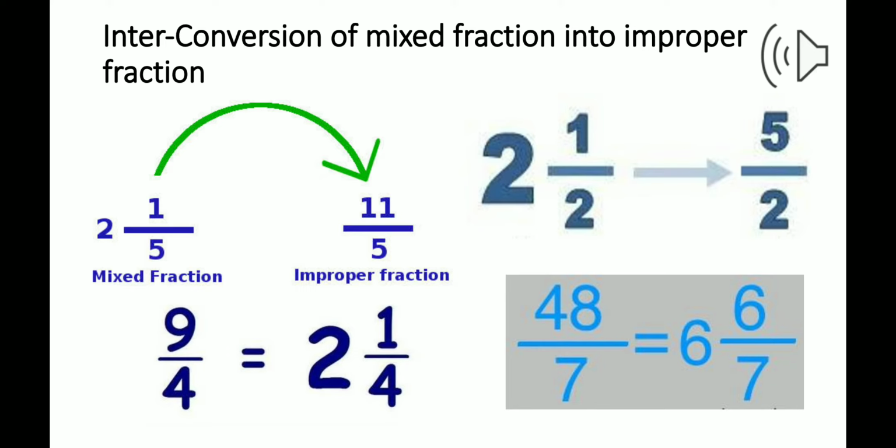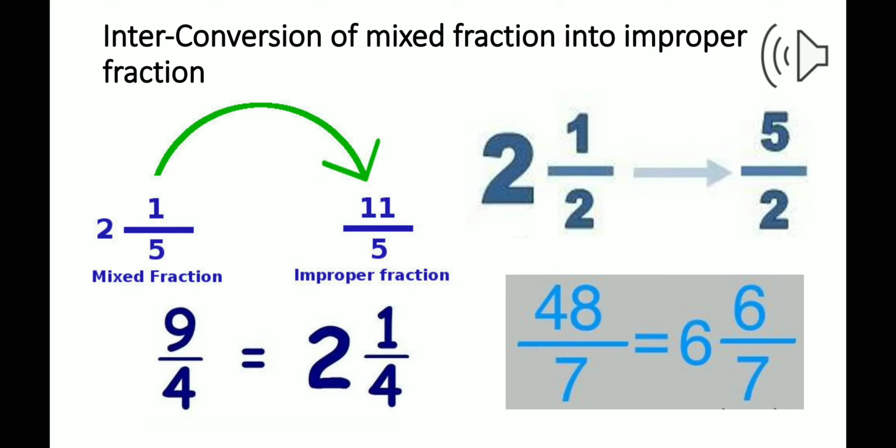Now 48 by 7. When we divide 48 by 7, 7 6s are 42. 7 5s are 35, 7 6s are 42, and 7 7s are 49, that will be more than that. So 7 6s are 42 and 48 minus 42 is 6.